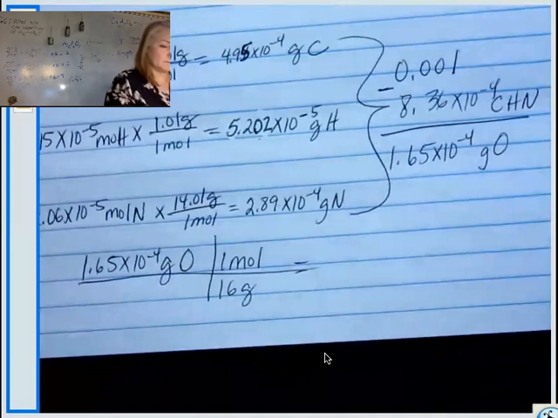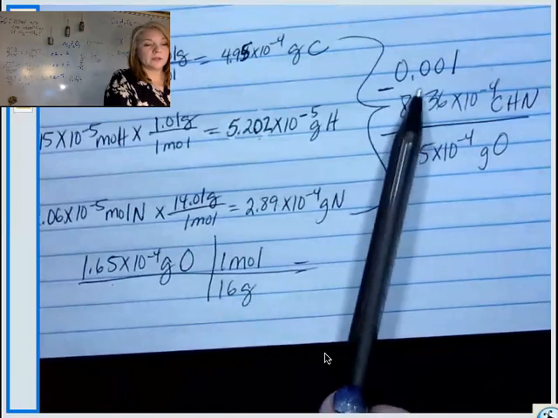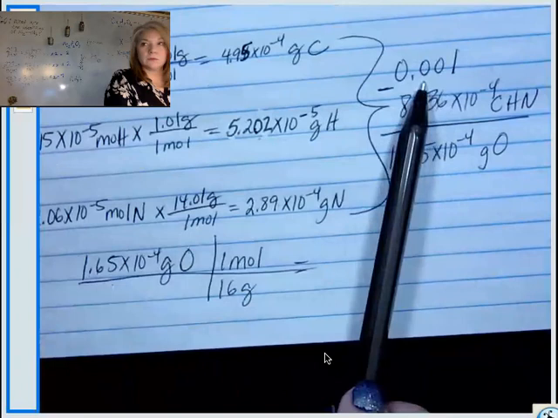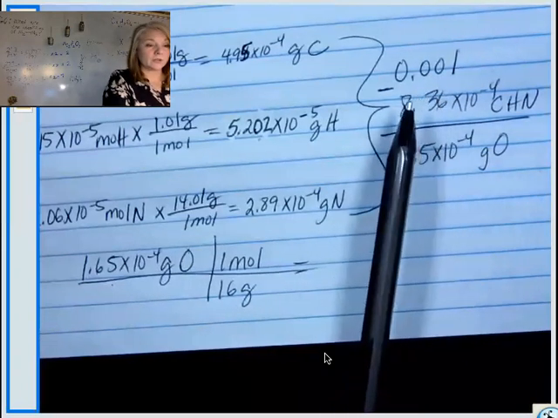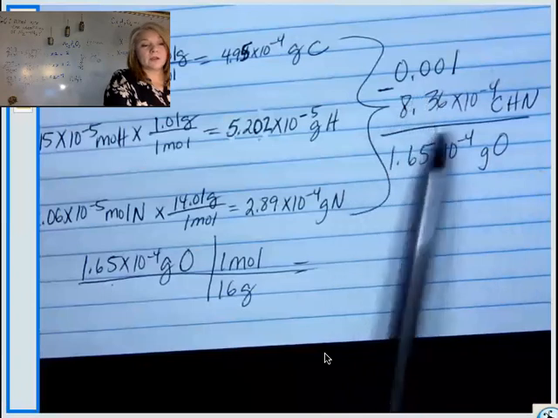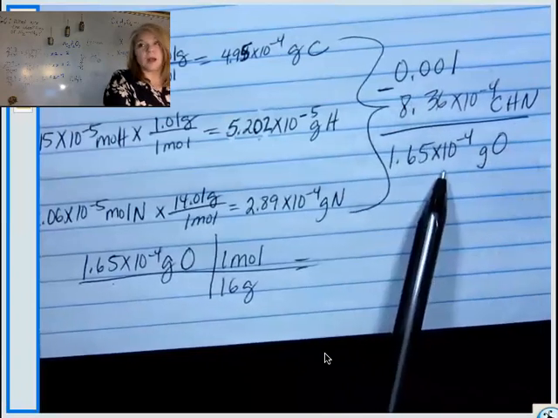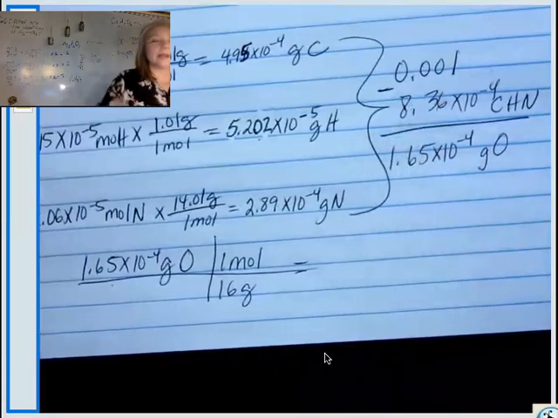Right. This number right here. Okay, back it up and let's look at this. Where did this number come from, Jasmine? That's everything, right? That's carbon, hydrogen, oxygen, and nitrogen. So if you subtract out the carbon, the hydrogen, and nitrogen, you get just the mass of the oxygen. So I've just subtracted that original amount that had everything in it.